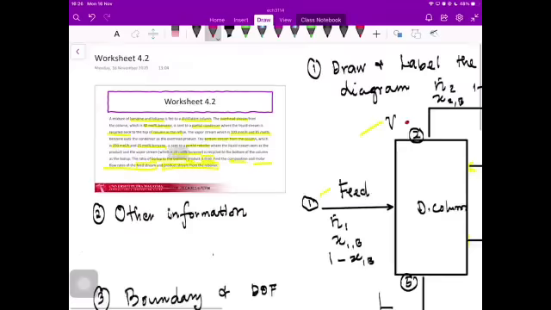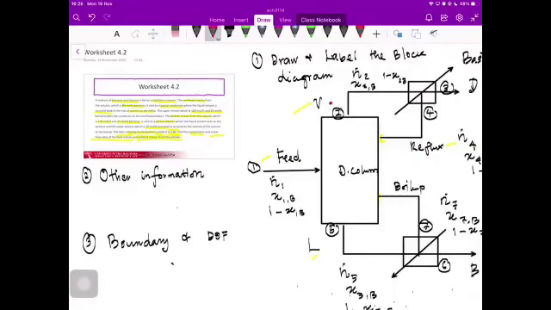So X2B is 0.80. Okay, what is the unit? The unit is mole per mole of B.